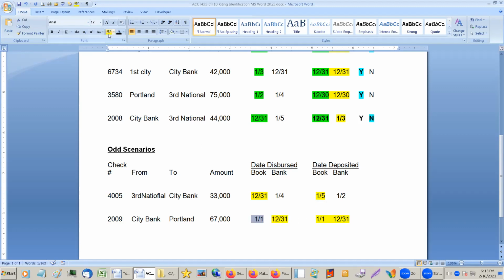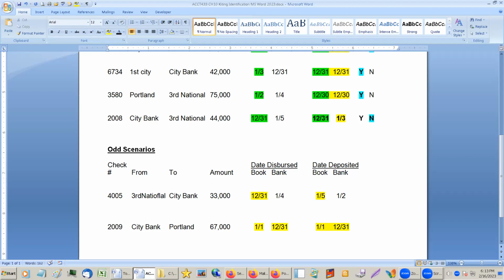So this one, let me write these in. So this first one would be a manipulation to understate cash.